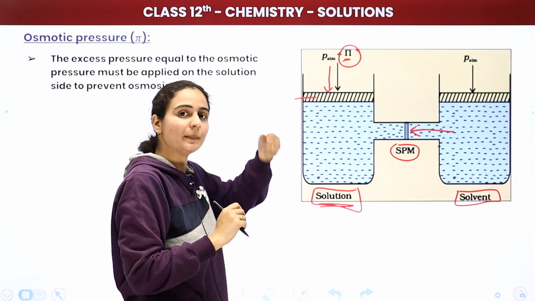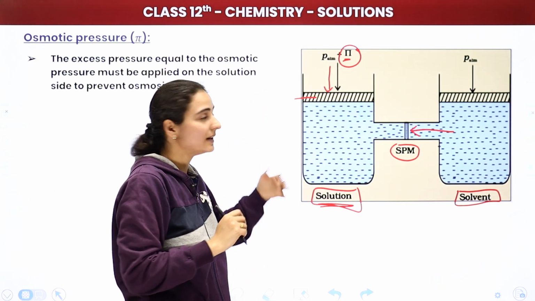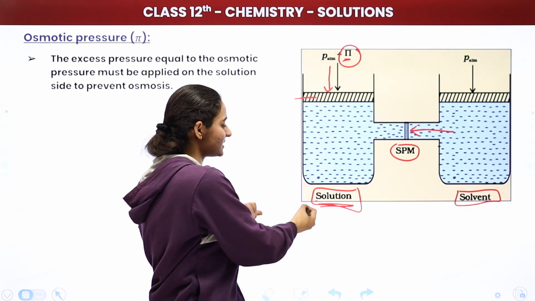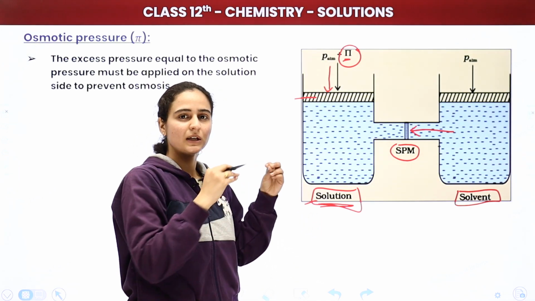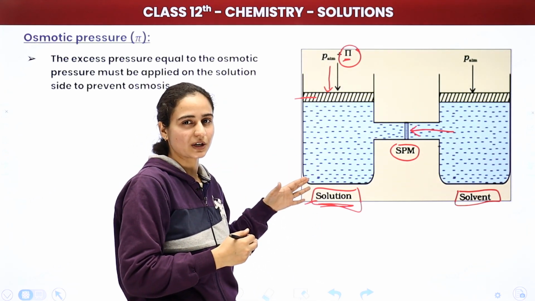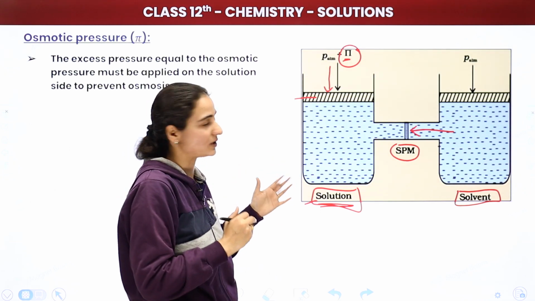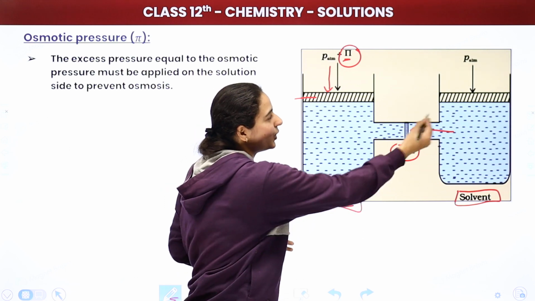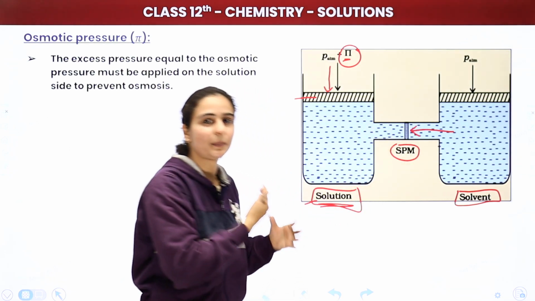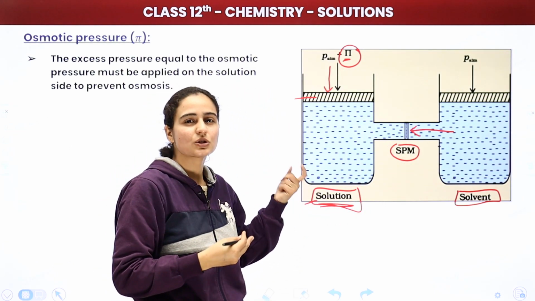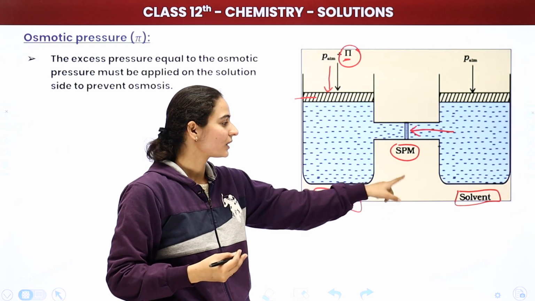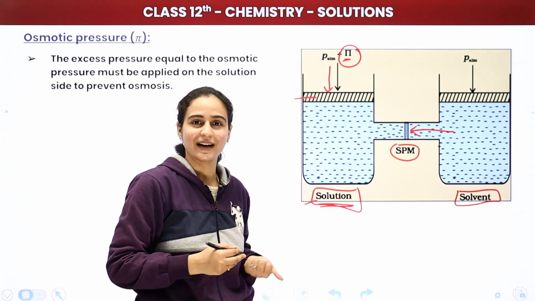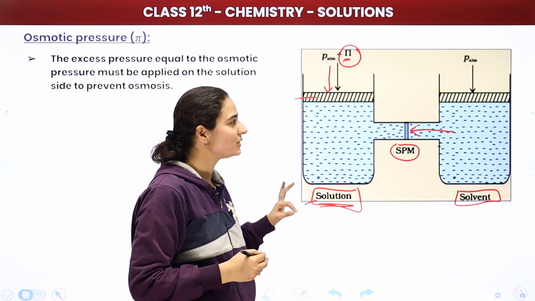So इसके through हम इसके ऊपर pressure apply करेंगे. कितना apply करेंगे? जितना इसका concentration रहेगा उतना. Like if the concentration is low, then low pressure we can apply. If high, then high pressure. We'll apply this high pressure and eventually we'll be able to stop the flow of this solvent molecule from the solvent side, right? Easy to understand.